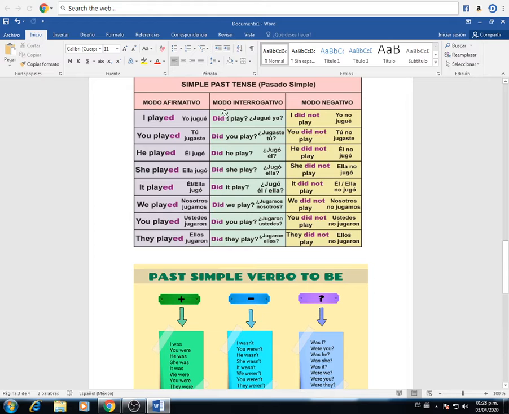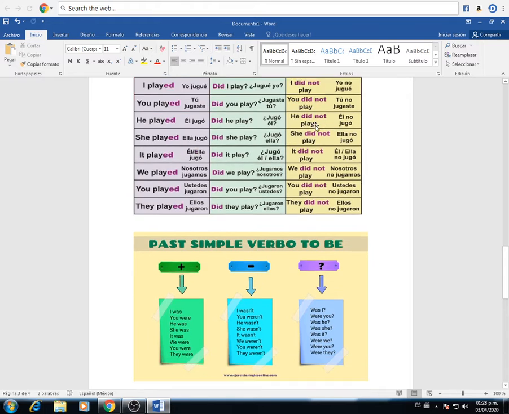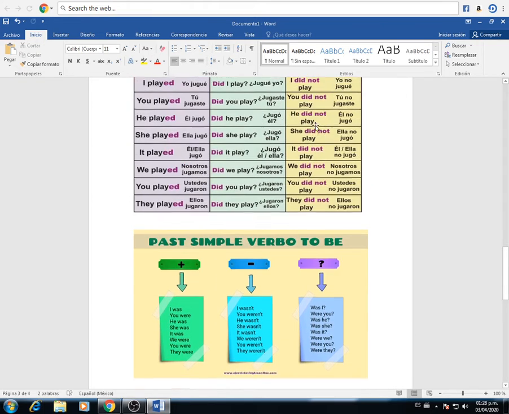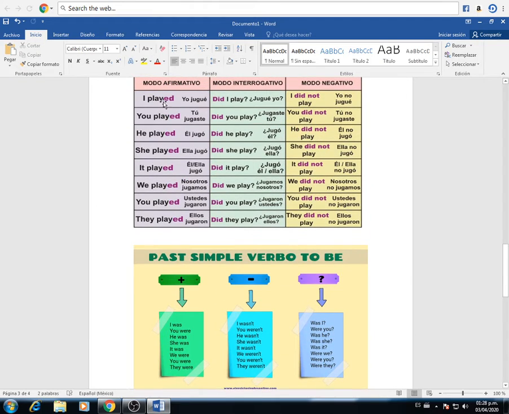Did I play? Interrogative form. In negative form, I did not. Now, if you look at the verb in past, you can use it with all the personal pronouns. You can use these verbs in past.